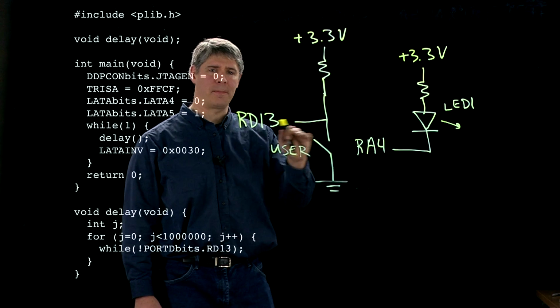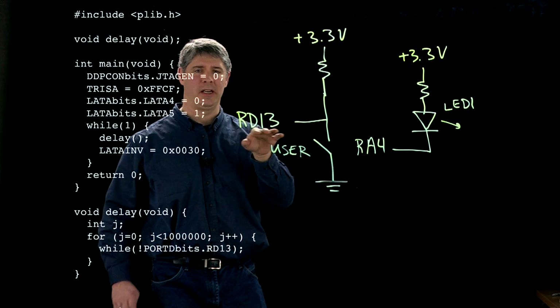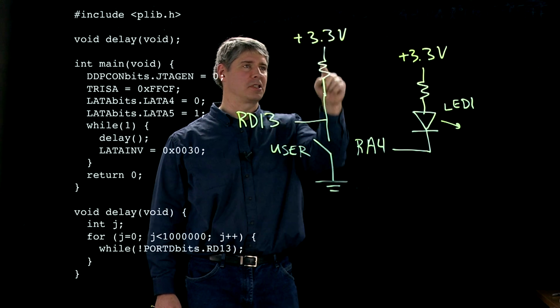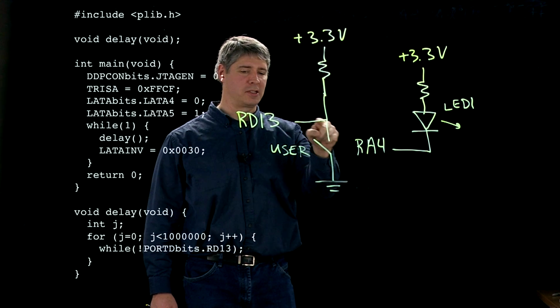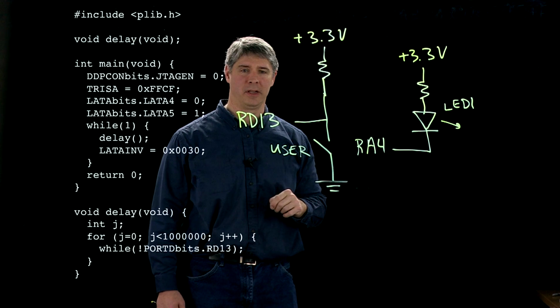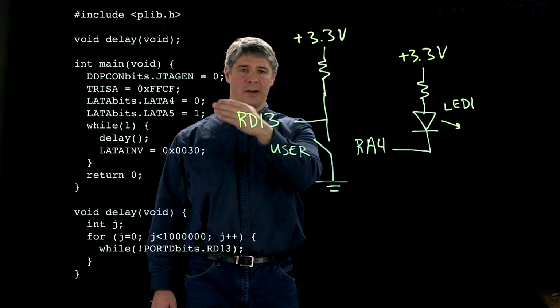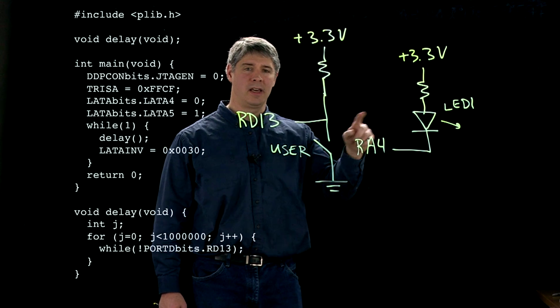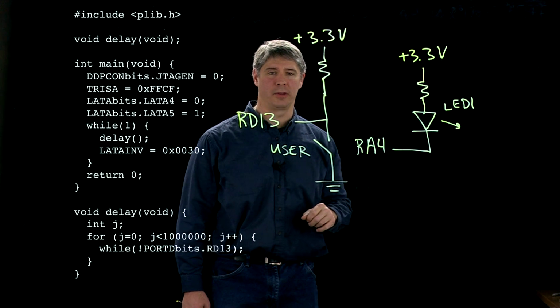If you're not pressing the user button, RD13 is going to read high. If you are pressing the user button, this switch closes, then this point drops to 0 volts, and RD13 is going to be reading low. So that's how these special function registers interact with the user button and the LEDs on the Nu32.